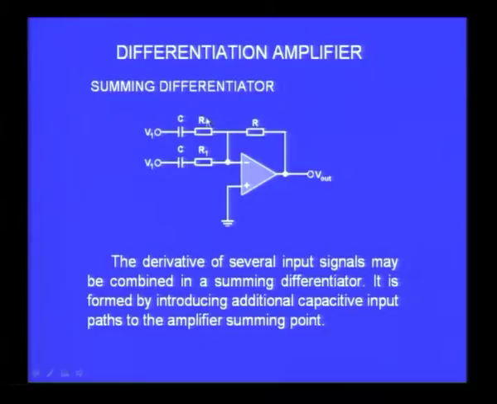In this circuit I have used a summing amplifier, but with 2 capacitors on the 2 input sides, and therefore the output will be the differential of the 2 input signals. So it is a sum of 2 terms, each term corresponding to the differentiation of the V1 signal and the V2 signal. You will have the summing as well as differentiation performed on the signal.